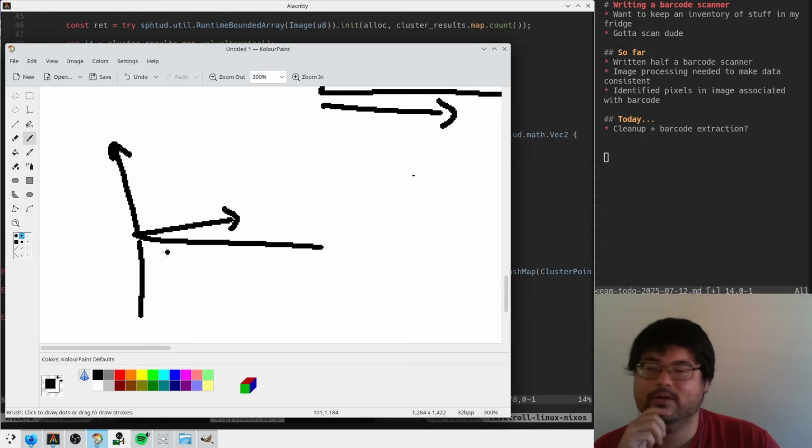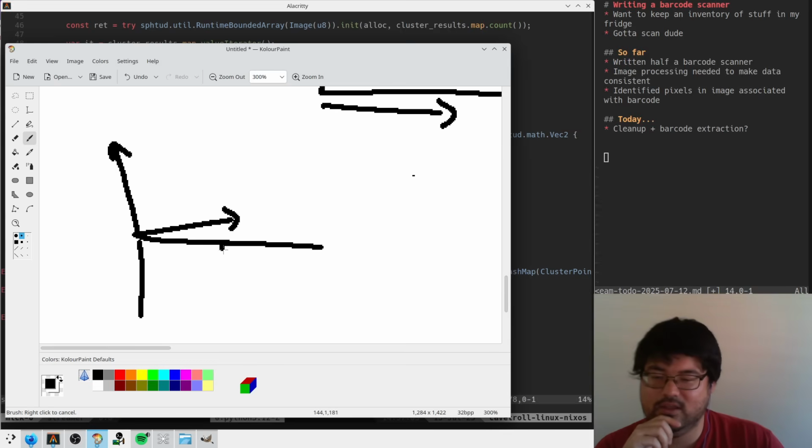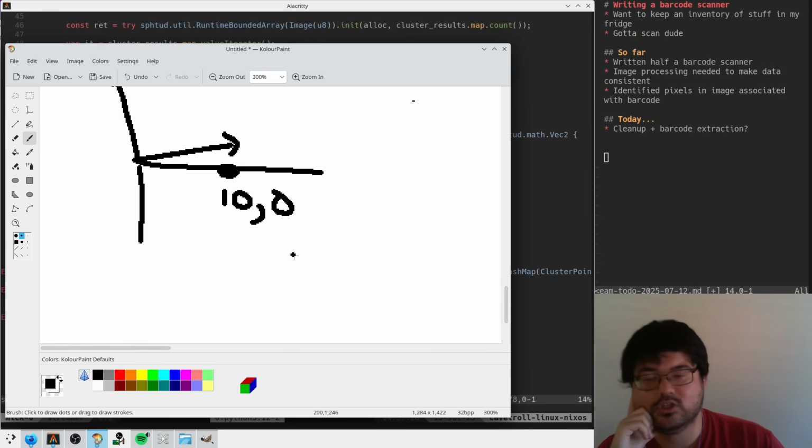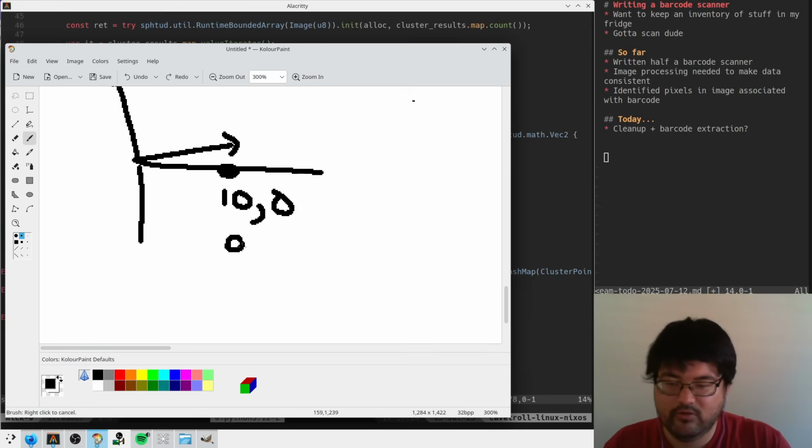It means that if this point is like here, 0, this is like 10, 0, right? As a pixel position. It means relative to this coordinate system, this should be like 9, 1 or something.